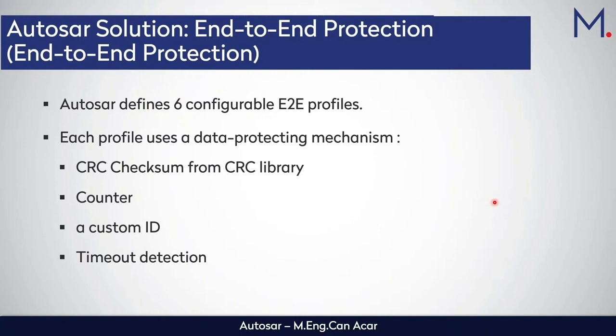So this is basically header information that contains the CRC value and counter information. If the system has more than one ECU, then a special ID can also be provided. The end-to-end profile not only provides protection to the sent safety critical message, but also detects if there is a CRC, message counter or timeout error in the received safety critical message.